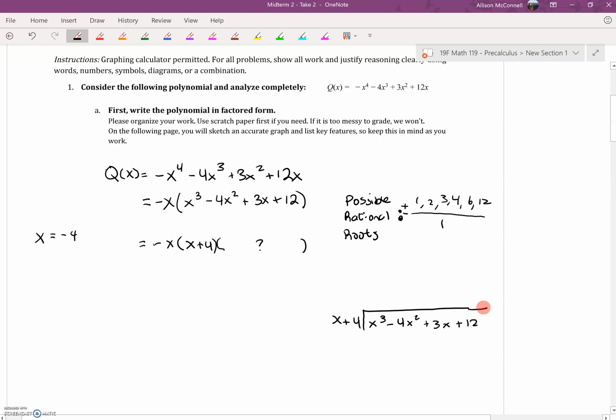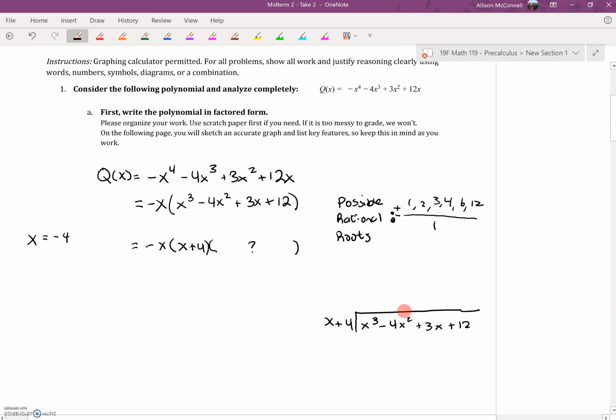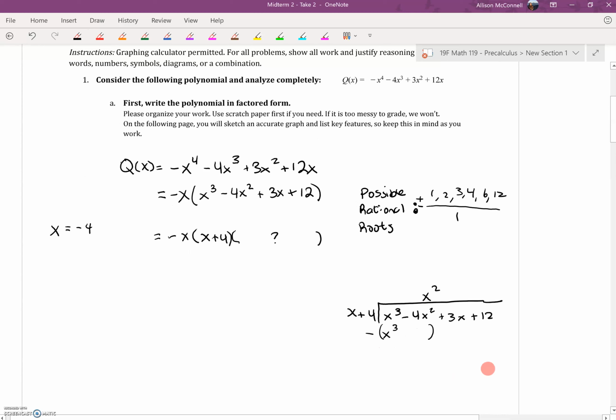Now, what you'll notice here is that you will start off with an x squared because you're thinking x times x squared is going to get you that x cubed. Oh, oops, I need to make sure I actually factor out my negative here. The 3x.